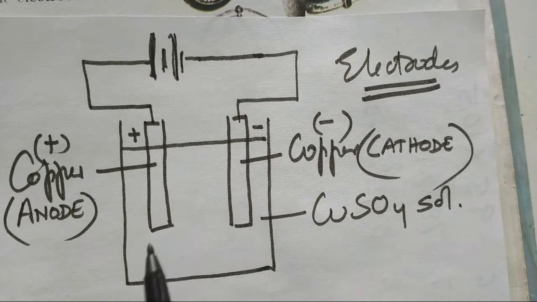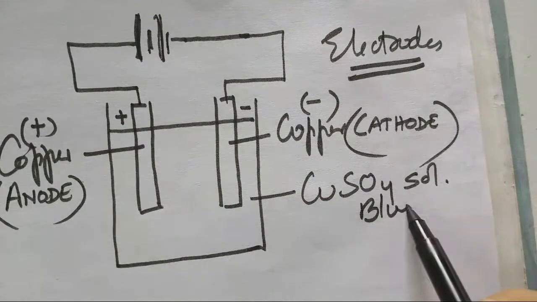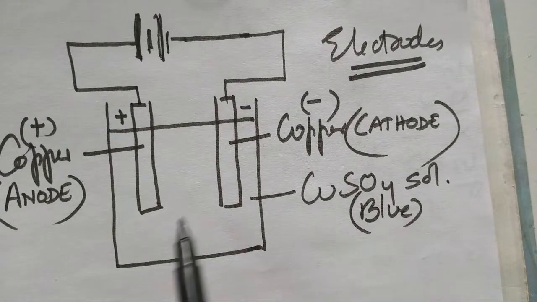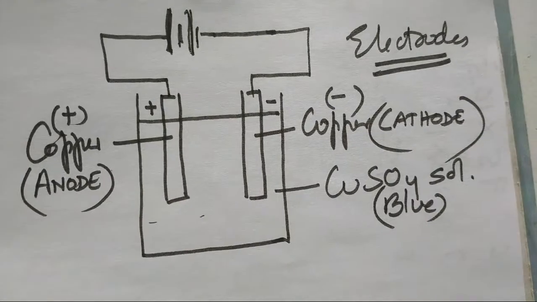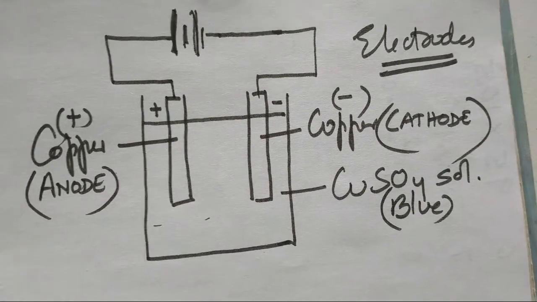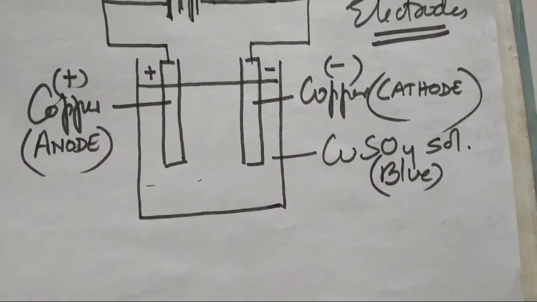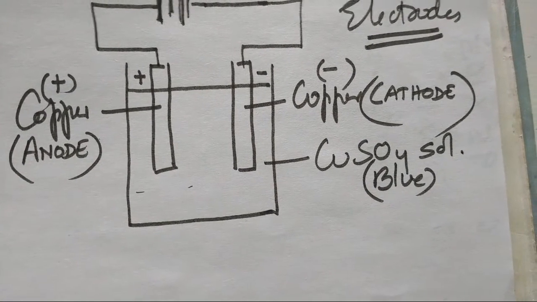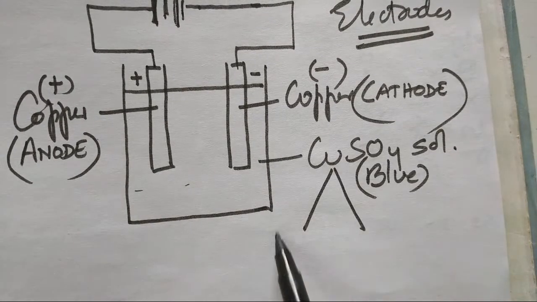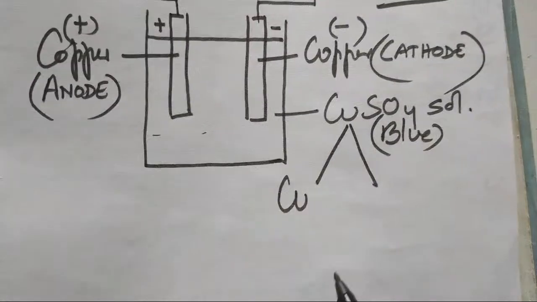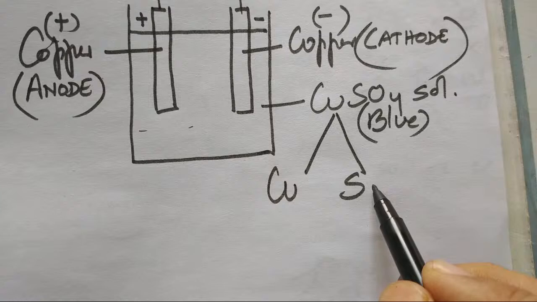After some time, you will see that the copper sulfate solution, which was blue in color in the beginning, will show a change in color. What is the change? When the electric current is passed for some time, the copper sulfate solution breaks up into copper and sulfate.